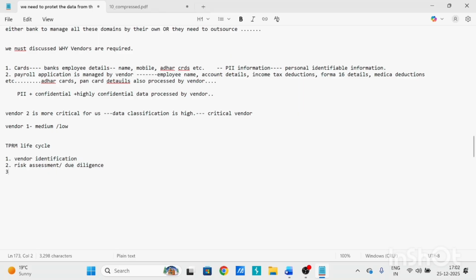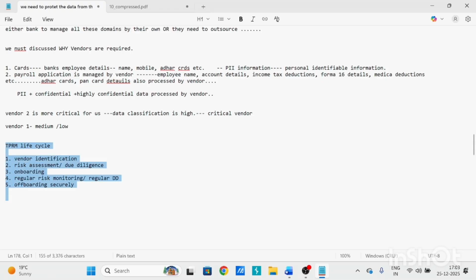After risk assessment, onboarding. After onboarding, regular risk monitoring, or we can also say regular DD. And number five is offboarding, securely offboarding.